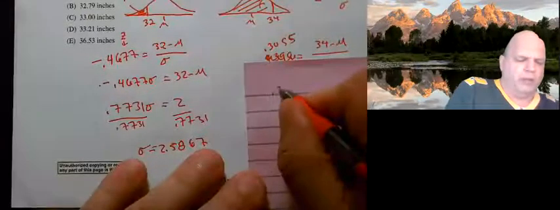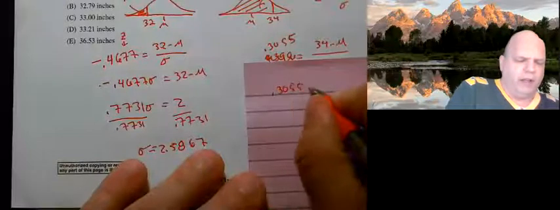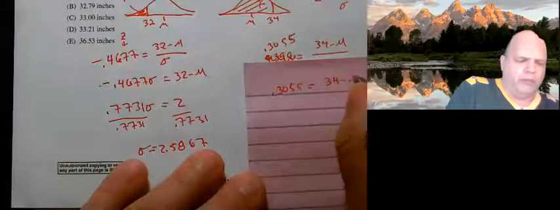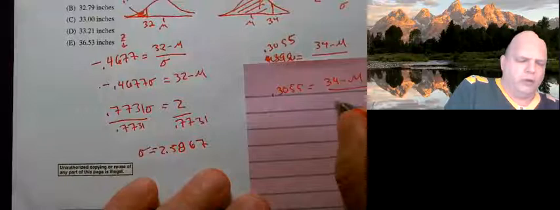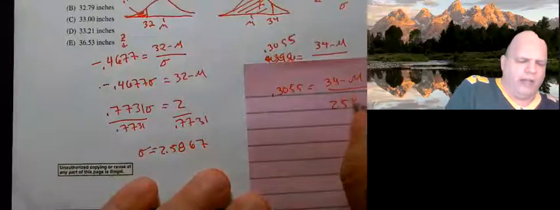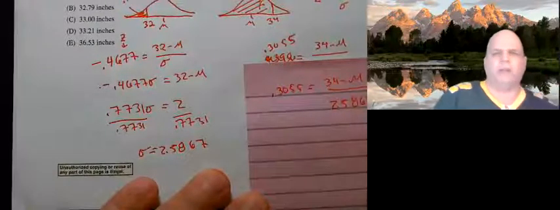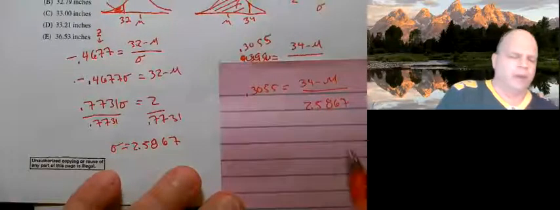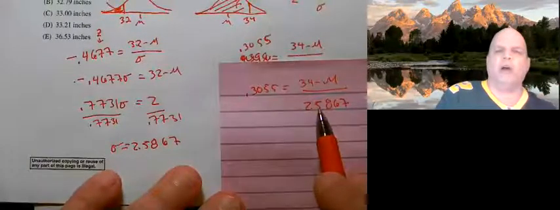So we have 0.3055 equals 34 minus the mean over 2.5867. Because all I did was plug in what I know.